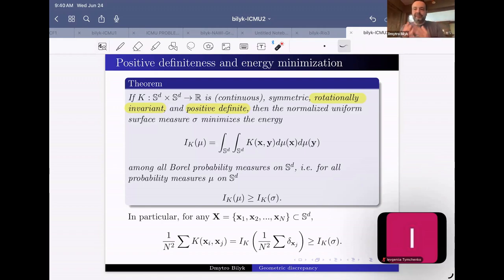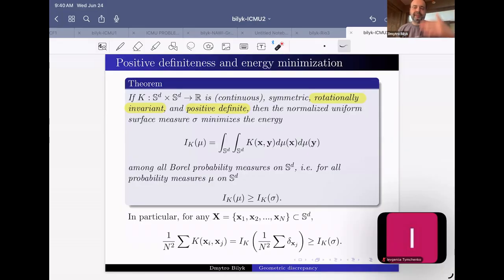The equilibrium position, the minimal energy distribution, will be uniform. It's natural to expect that in the electrostatic case, but here this theorem essentially gives you a very large class of functions for which it happens. Actually, the if and only if condition is conditionally positive definite. So basically you can change the constant.